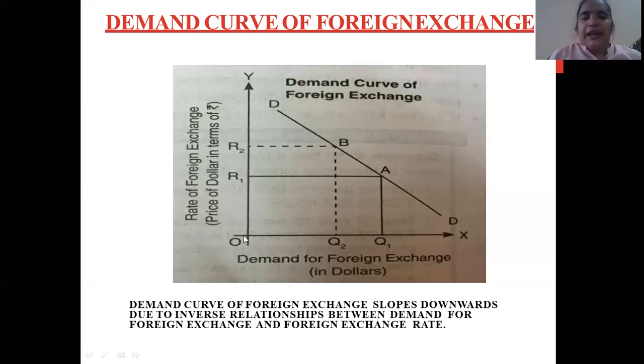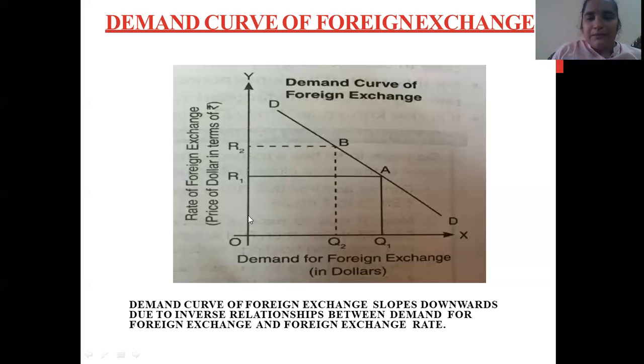So we can state the law of demand I told you: price and quantity demanded are inversely proportional. Means when the price is less, demand is more. When the price is more, demand is less. The same stands for the demand for a currency also. That's the reason why, see here, when the price is, say for example, some point here Rn, the quantity demanded is only so much.